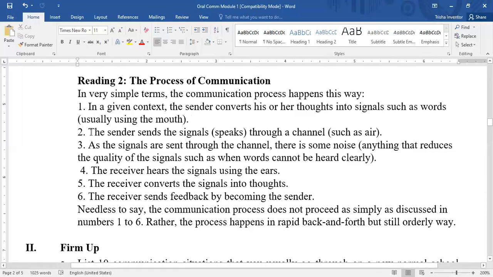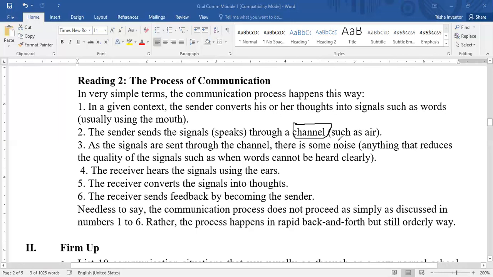Okay. Number two, the sender sends the signals. I speak, I am talking. I am already talking to you through a channel. Now, what is a channel? Channel here is not ABS-CBN, GMA, TV5. Channel here is where our message passes, ang agianan sa atong message.